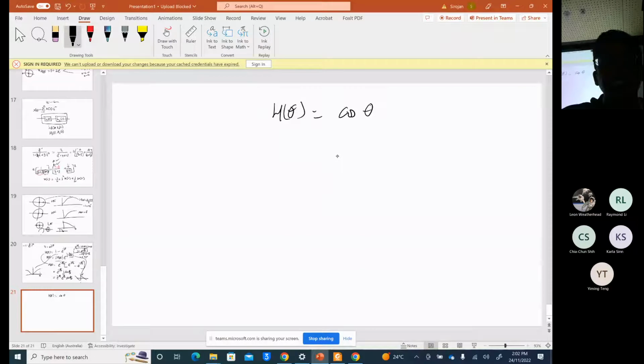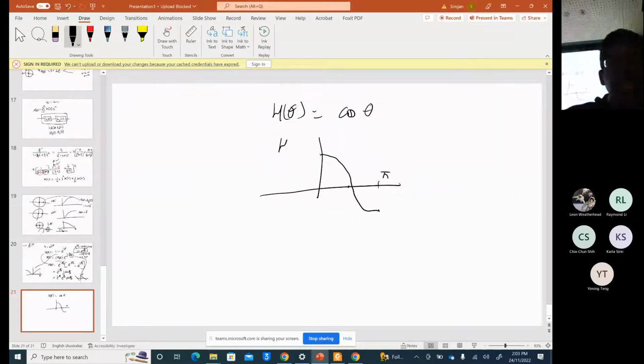Yeah, if H theta is equal to cos theta, then when you draw the magnitude response, cos 0 is 1, cos pi by 2 is 0. So this is the cos function up to pi.